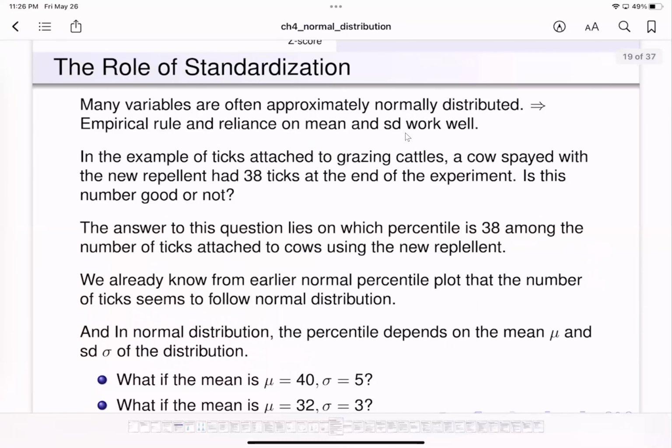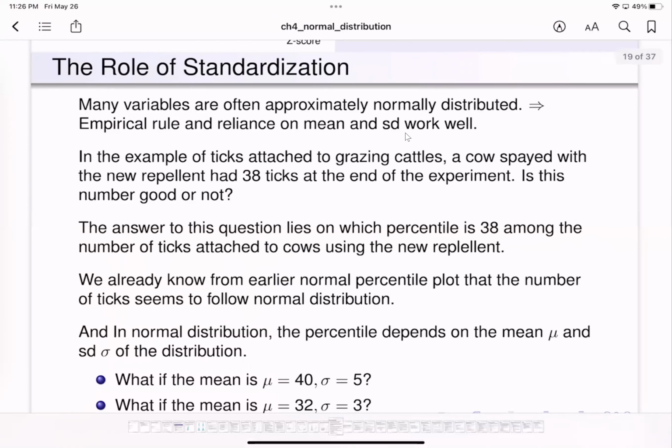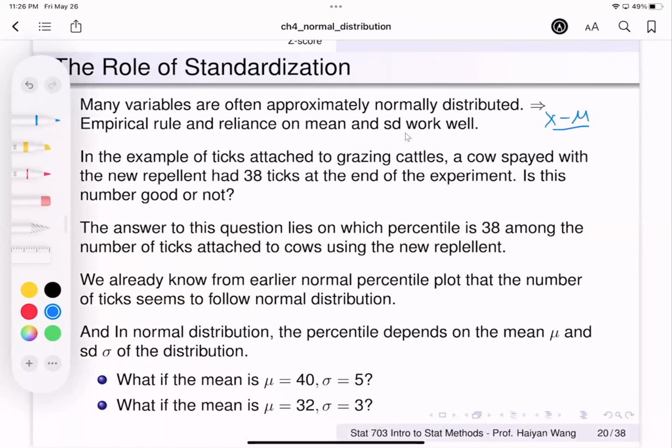We already mentioned that the computation of x minus the mean divided by sigma actually connects to something. In fact, this is called standardization. The standardization, what we did earlier, is x minus the mean divided by sigma.